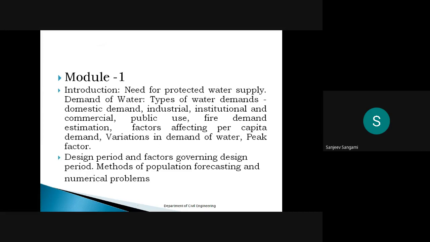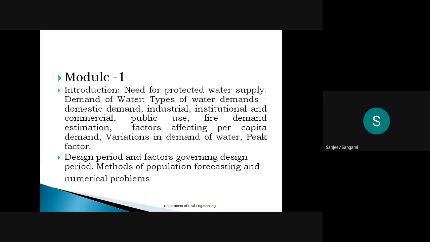Then we will discuss the types of water demands: how much water people require, how much the industries require, how much institutional demand and public use require. As well as fire: if a fire happens or catches in buildings, how much extra water has to be kept beyond the domestic water demand. The design period aspects we will also discuss in the first module.